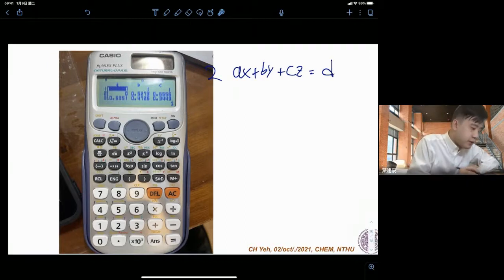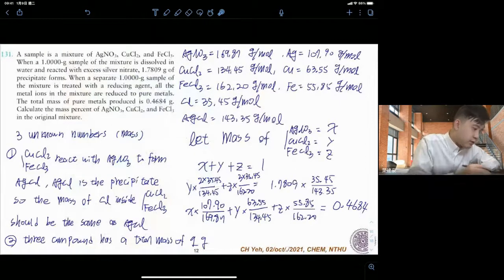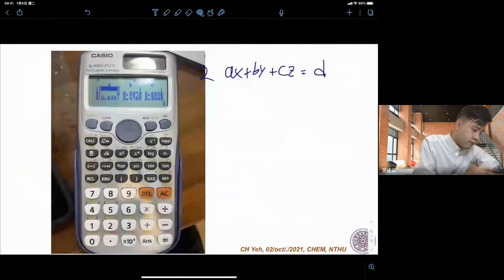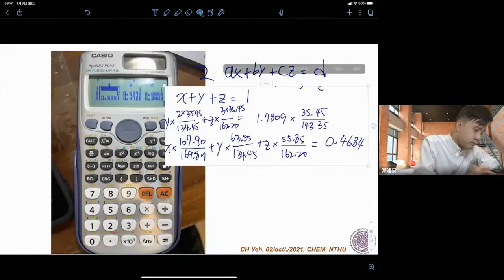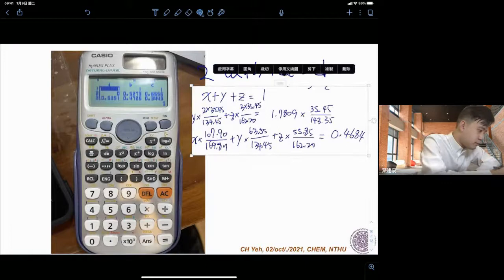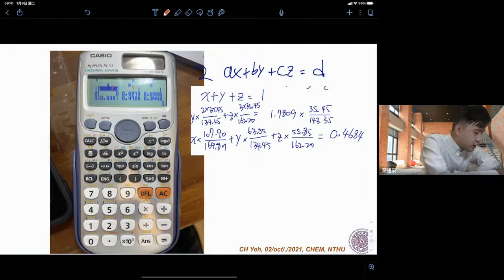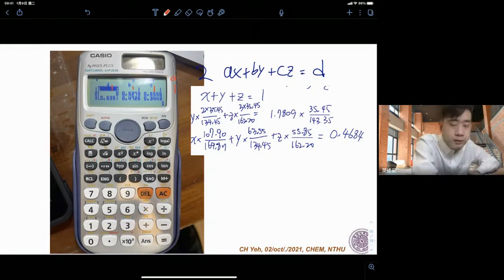For the first equation in ax plus by plus cz equals d, you simply enter 1, 1, 1 and equals 1, because the d is over here. The screen is not big enough.